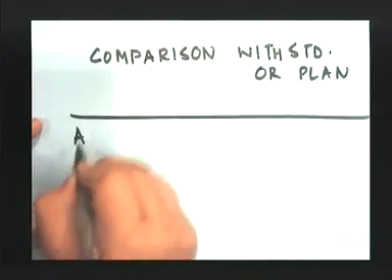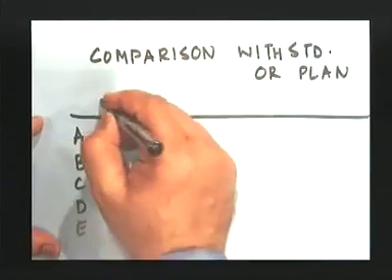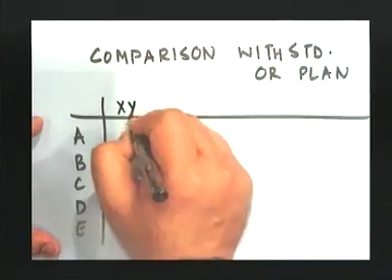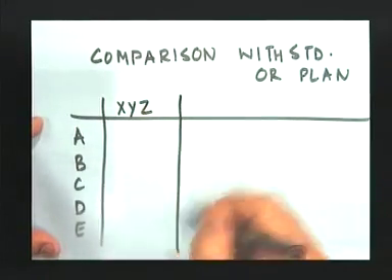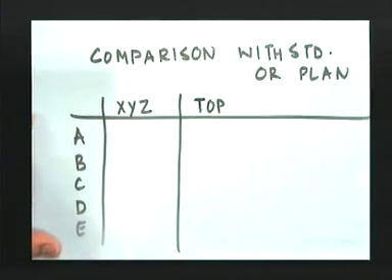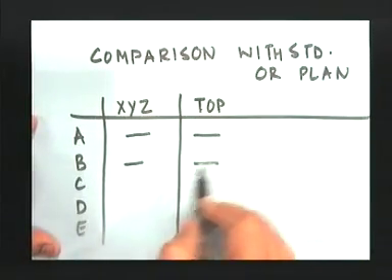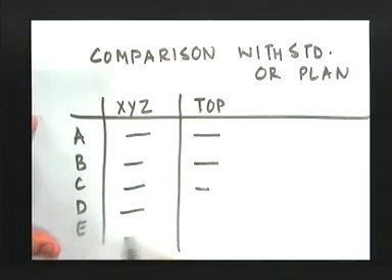So, here you have different ratios A, B, C, D, E. Now, let us say your company's name is XYZ. Now, the industry leader is, let us say, TOP company. TOP company is the industry's leader. Now, each of these ratios will be compared with the best, and then you have to see where you are in terms of the ratios achieved by the top performing company within the same industry.